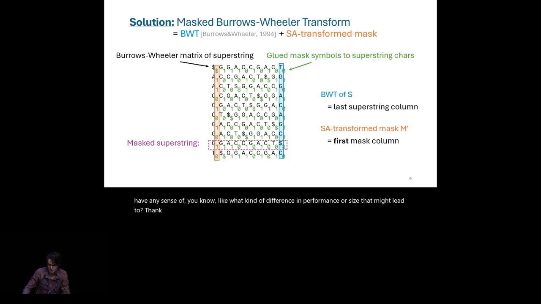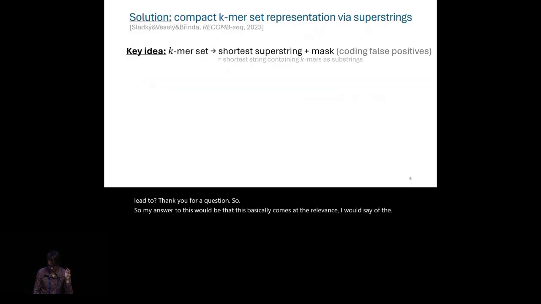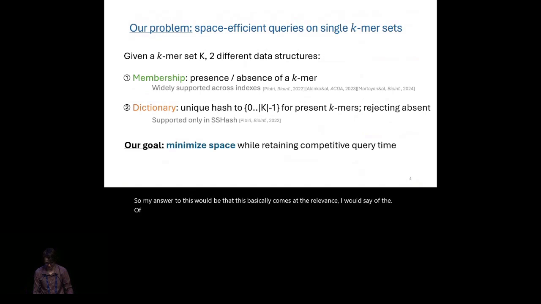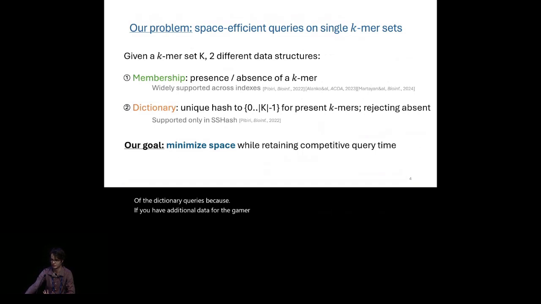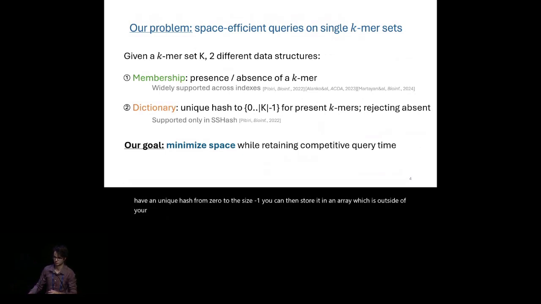Thank you for the question. So my answer to this would be that this basically comes at the relevance of the dictionary queries, because if you have additional data for the k-mer, the best way I would say is to store it. Basically, if you have a unique hash from 0 to the size minus 1, you can then store it in an array which is outside of your data structure.